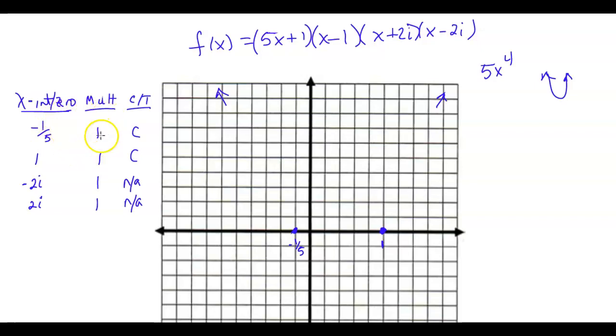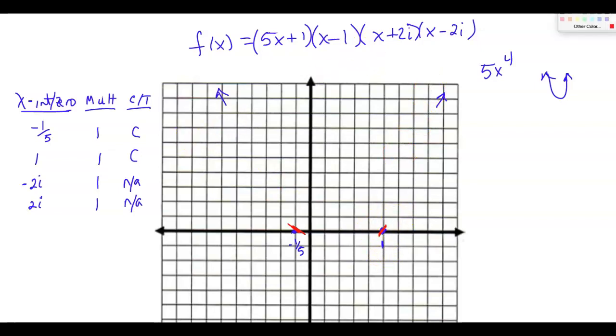if we look at our chart here, we know that since the multiplicity of the -1/5 and 1 zeros is both 1, then we're just going to cross through the x-axis for each of them. And of course, from up here, if it crosses through, it has to go down. And then to get back up, it has to cross up like that.